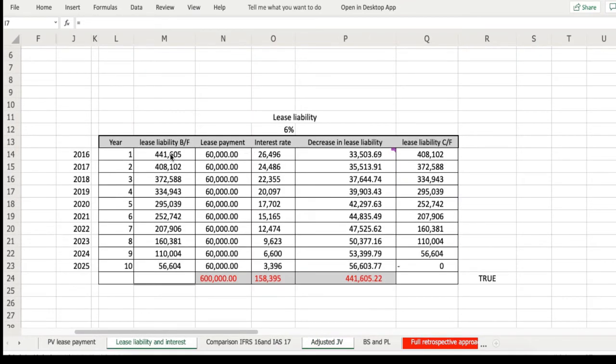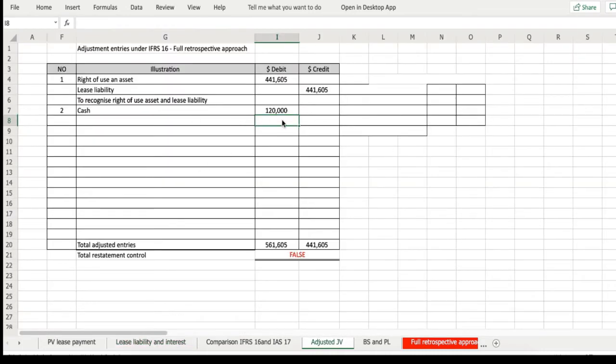So the double entry would be cash, and there were 2 years before 1 January 2018, 2016 and 2017. From the lease liability, they would be under the IFRS 16 these amounts, and the 2017 were paid.